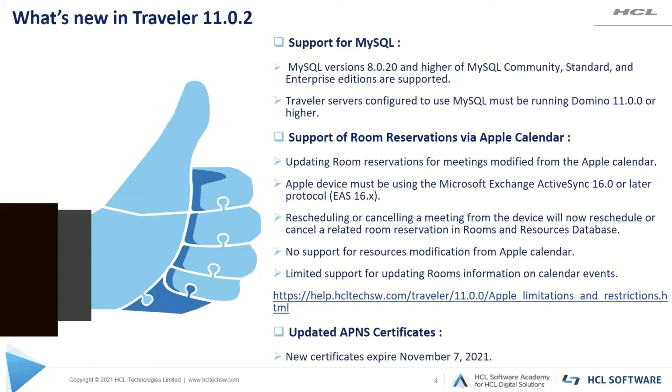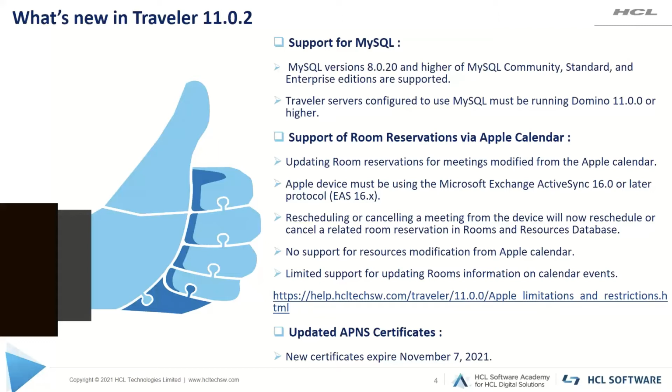Another important feature is support for updating the room reservation via Apple Calendar. With this, if any room is rescheduled or cancelled from the device, then the rescheduling or cancelling of the room reservation will be done at the Domino RNR database.